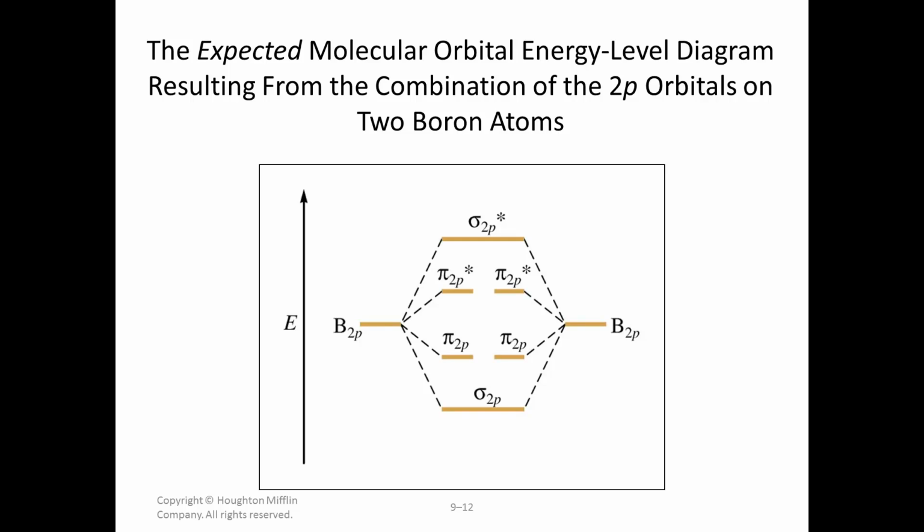So when we draw out our energy diagram for the molecular orbitals of boron, we have our sigma 2p followed by our 2 degenerate pi 2p orbitals, then our pi star, followed by our sigma star 2p orbital, for a total of 6 molecular orbitals.